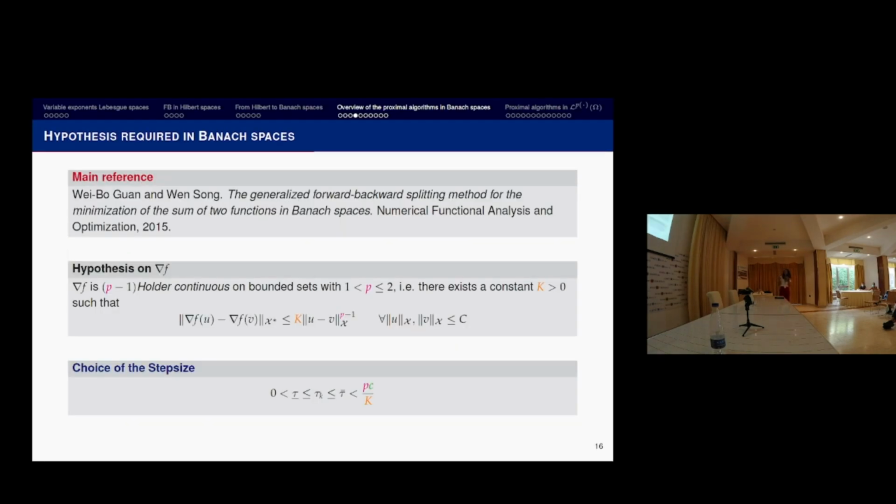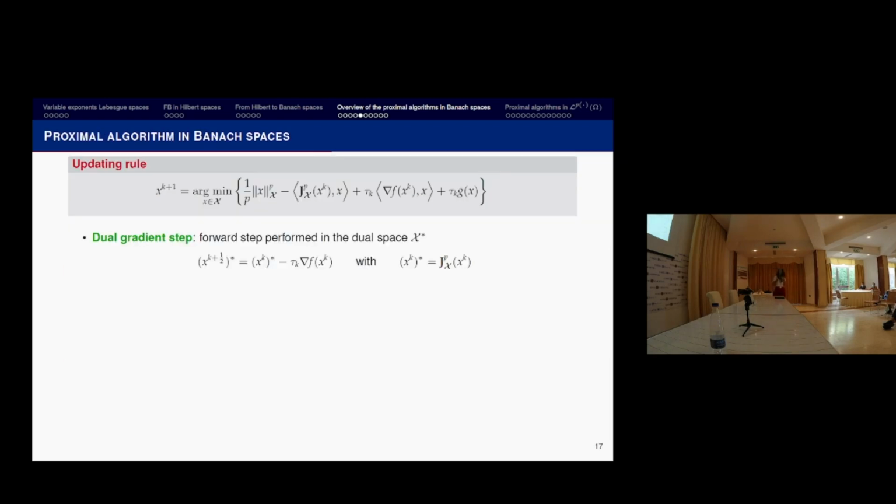And the step size is again chosen depending on the parameter p and k that define the order continuity of the gradient of f. So the updating rule is the one in the box, and it is slightly different from the Hilbert case one. Let's see now the steps separately. The first one is a dual gradient step, as I showed you before.